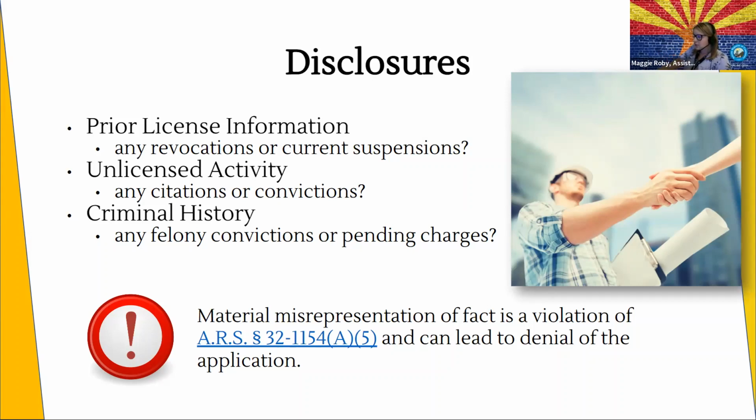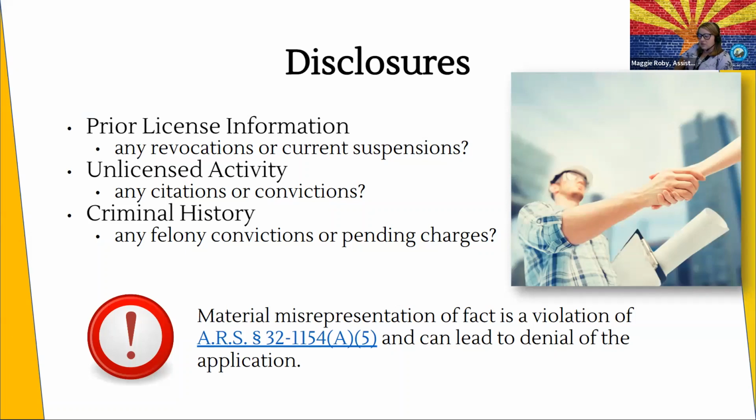All right, so another part of your application is going to be the disclosures. We are asking you to disclose a couple different things. We are looking to see if you have been listed on a prior license that was revoked or suspended. We are asking you if you have ever been cited or convicted of any unlicensed activity.